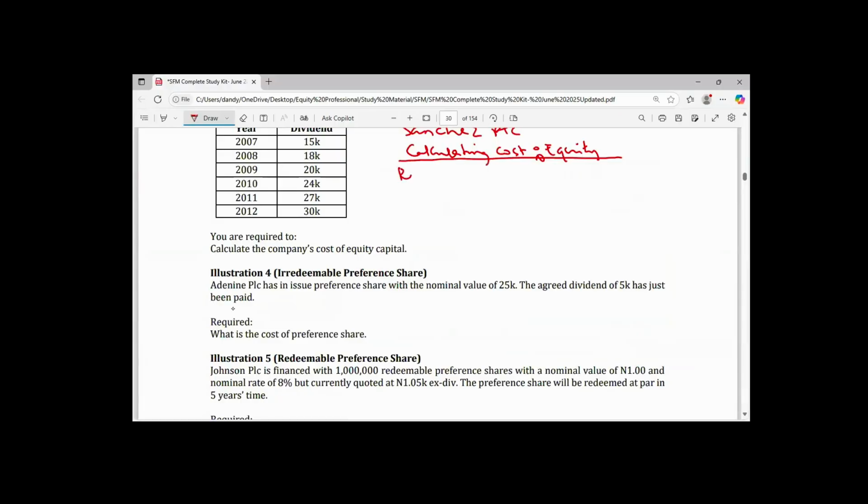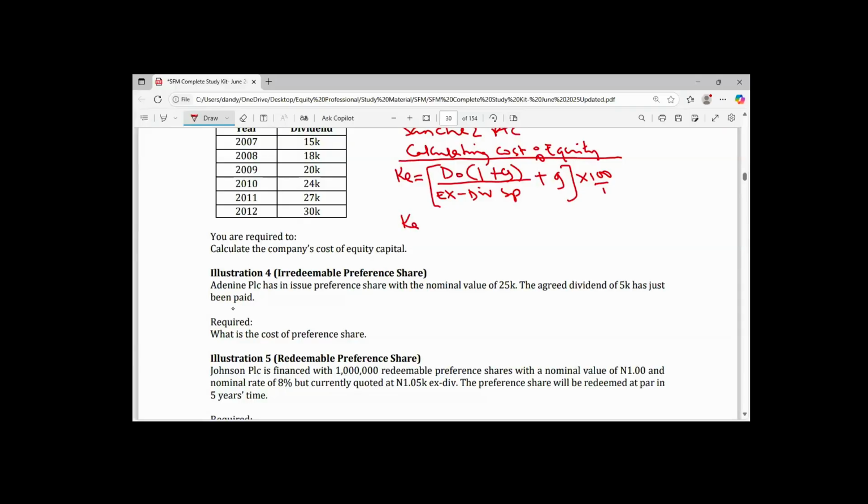Since there's growth, cost of equity equals D0, which represents the current dividend, multiplied by 1 plus the growth rate, divided by the XDiv share price, plus the growth rate, all of this multiplied by 100 over 1.